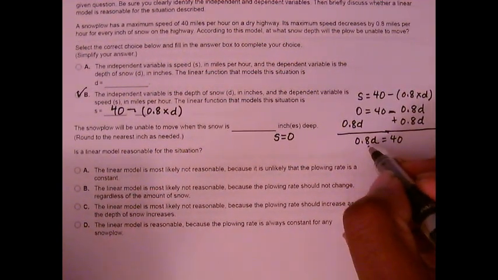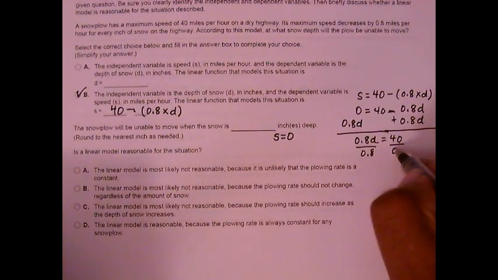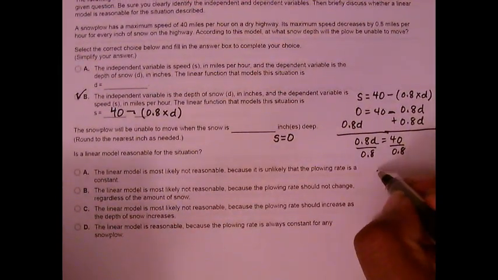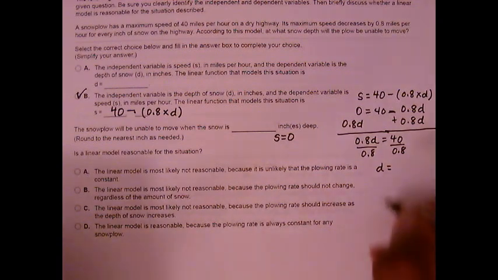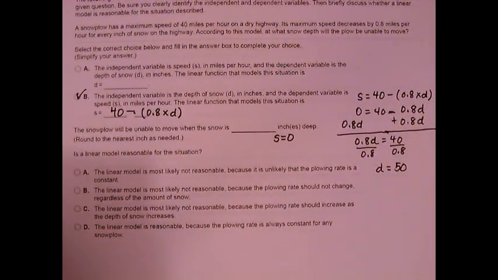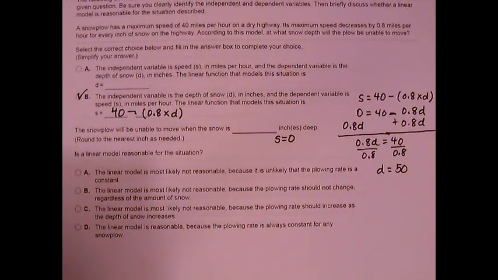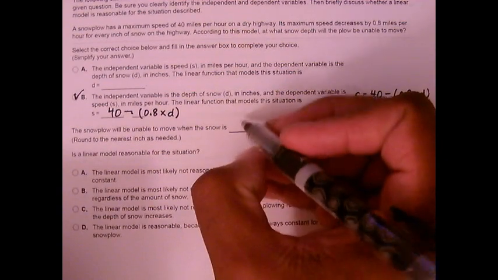And then to solve this equation for D, since we're multiplying by 0.8, we'll divide both sides by 0.8. That will mean D is equal to 40 divided by 0.8 in your calculator, you'll end up with 50. So the snowplow will be unable to move when the snow is 50 inches deep.